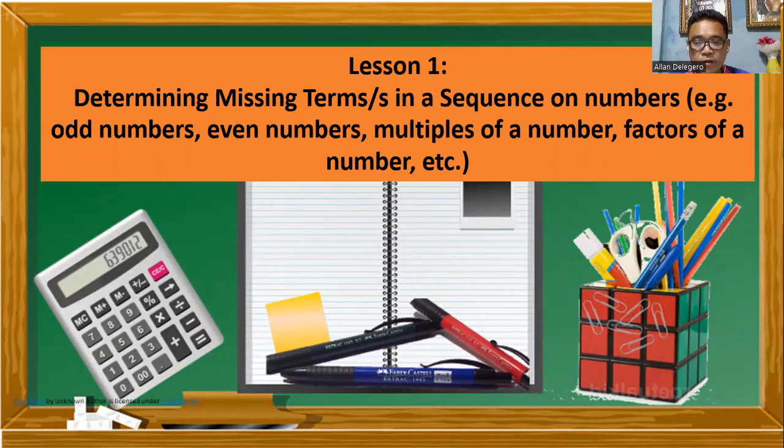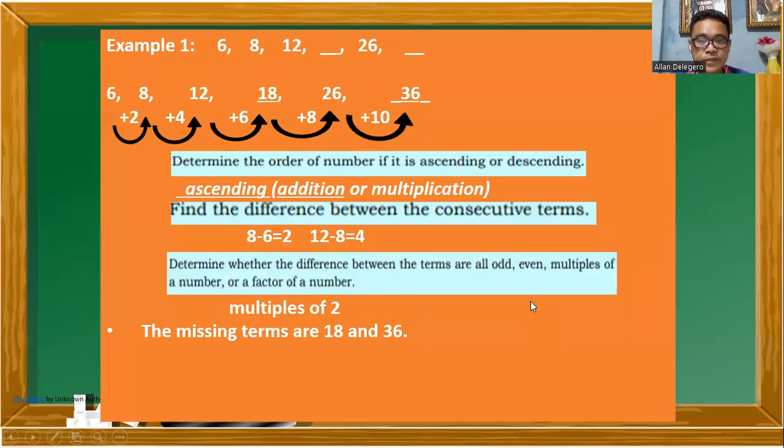Today, we will be discussing determining missing terms in a sequence of numbers, odd numbers, even numbers, multiples of a number, factors of a number. Example, number 1: 6, 8, 12, blank, 26, blank. So we have here steps in finding the missing terms.